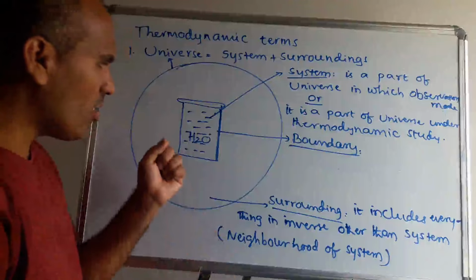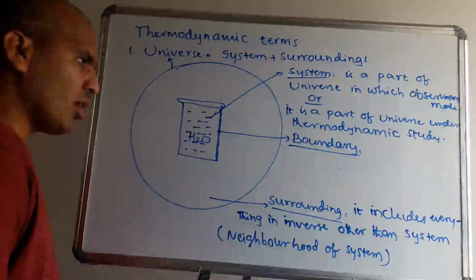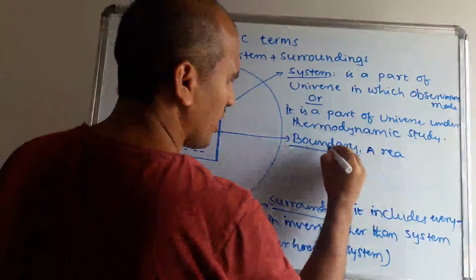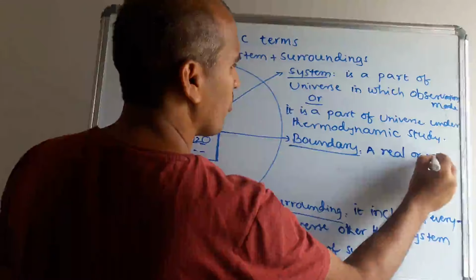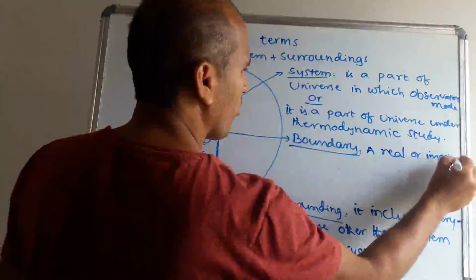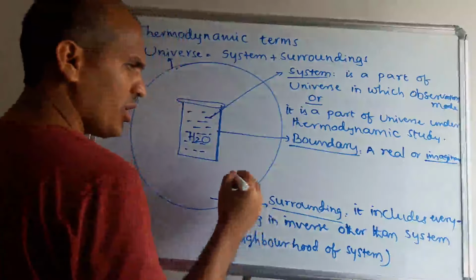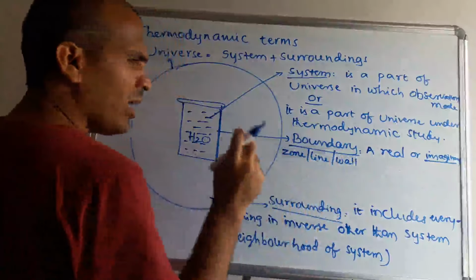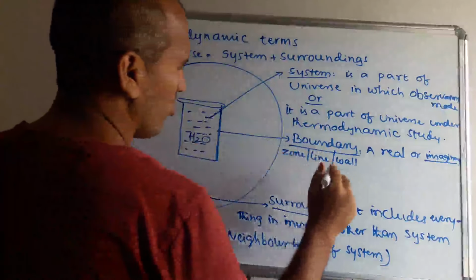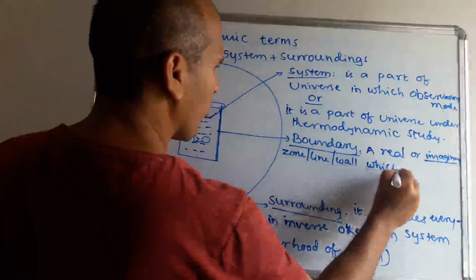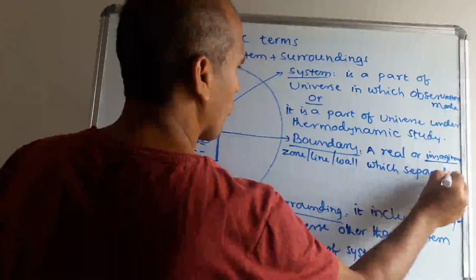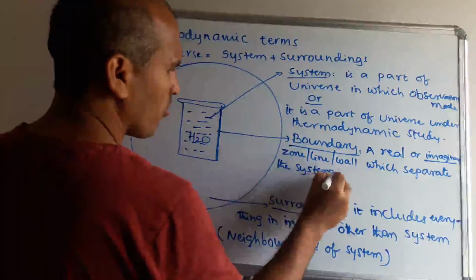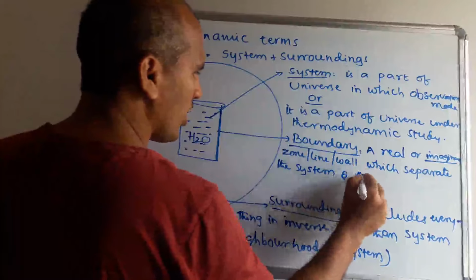So a boundary is a real or imaginary zone, line or wall which separates the system and the surrounding.